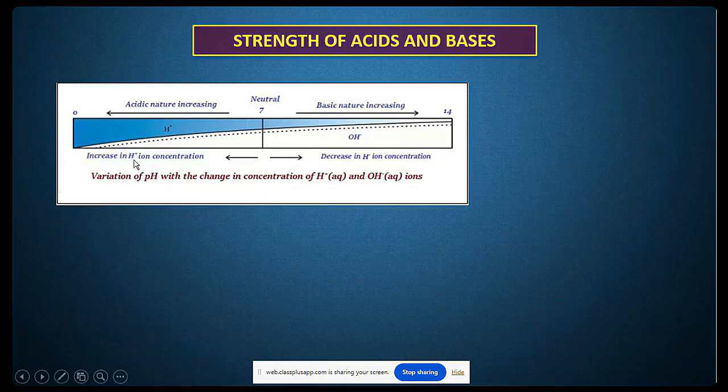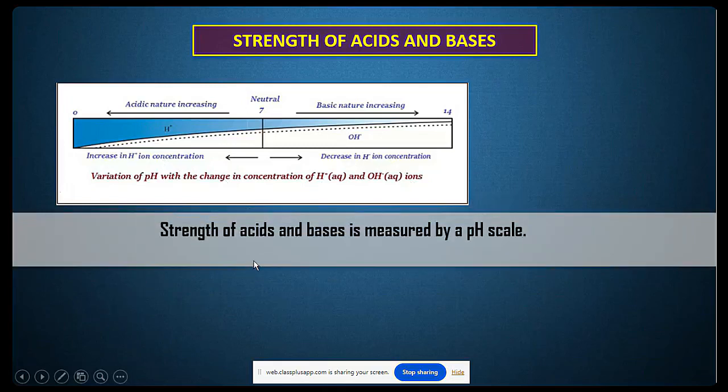So this is decreasing H plus concentration, and this is increasing H plus concentration. This is the variation of pH with the change in concentration of H plus and OH minus ions.